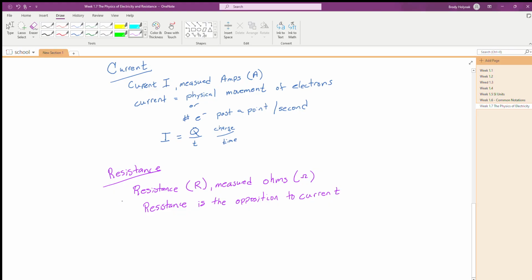So resistance, the whole idea is to put things in the path of current to slow it down. So it makes it so electrons have to go around obstacles and change the path of the electrons.